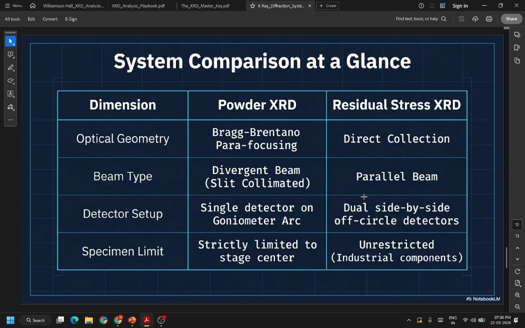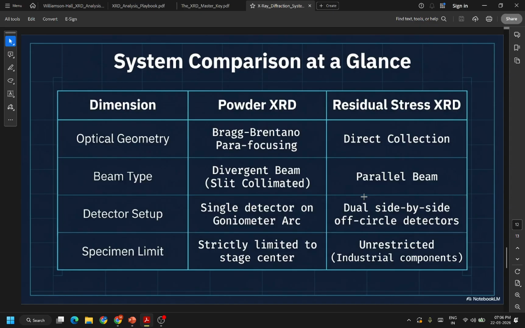Your powder XRD uses Bragg-Brentano geometry with parafocusing circles, and your residual stress XRD uses direct collection. Powder XRD uses a divergent beam, which is collimated using a slit, but residual stress XRD only uses parallel beams.